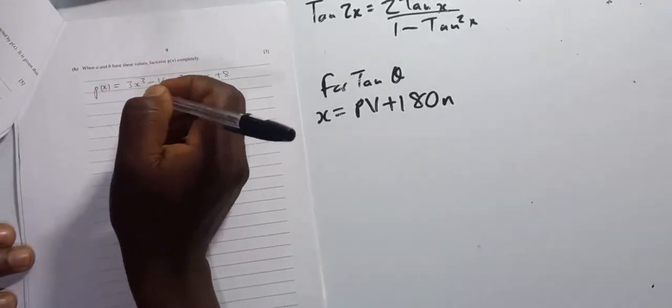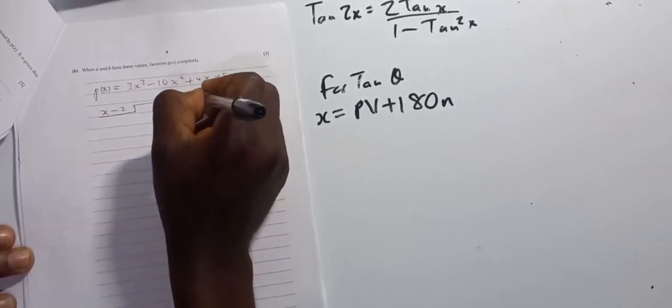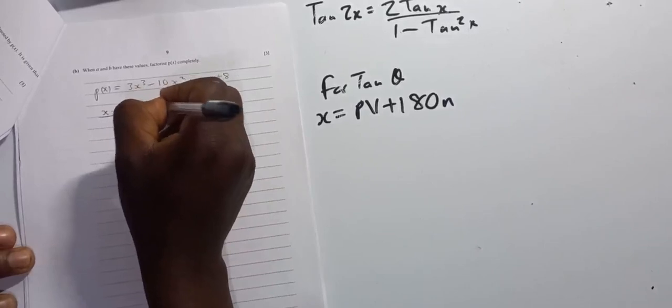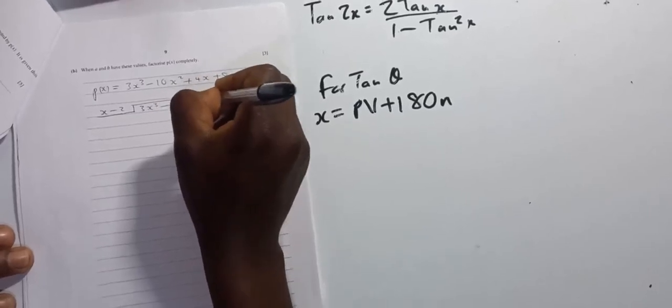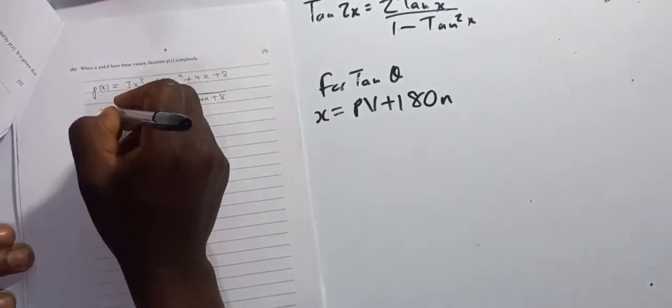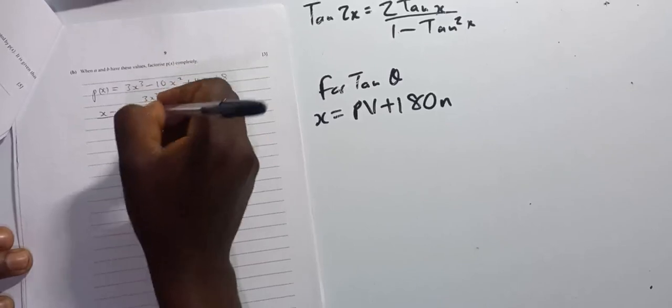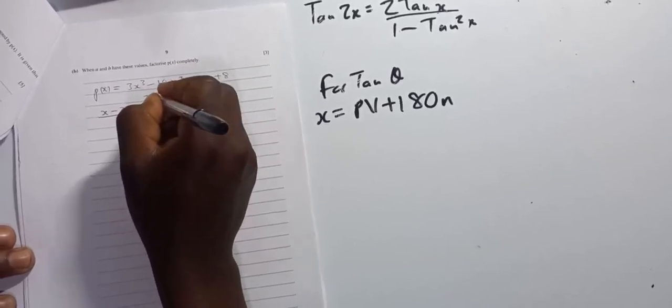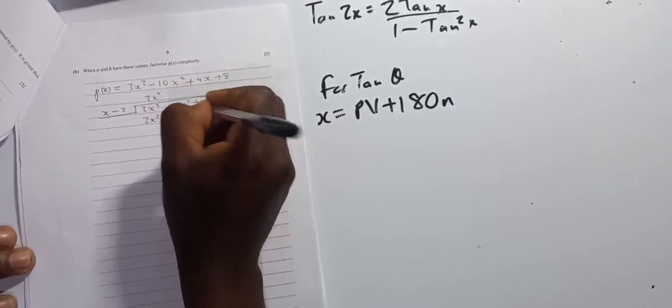So first we're going to use long division. Since x minus 2 is a factor, we're going to divide by x minus 2 using long division to get the other quadratic factor. So x into 3x cubed, we get 3x squared. 3x squared times x, that will be 3x cubed. 3x squared times minus 2, that would be minus 6x squared.